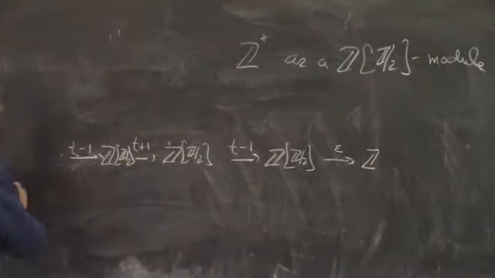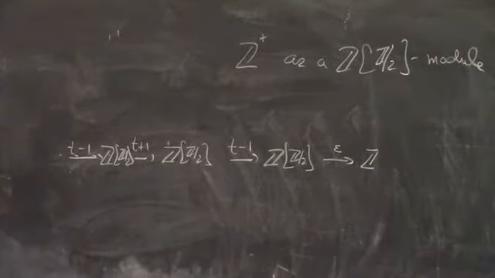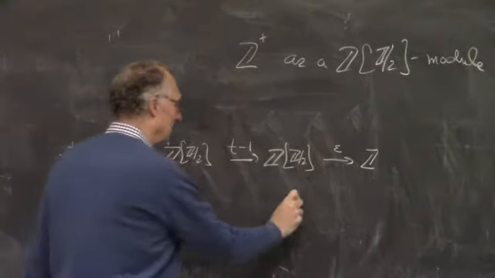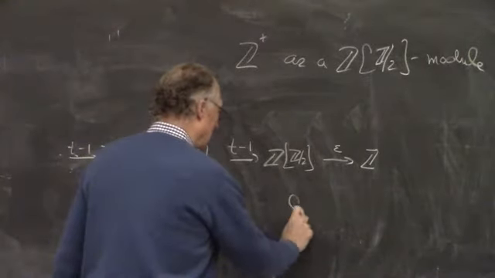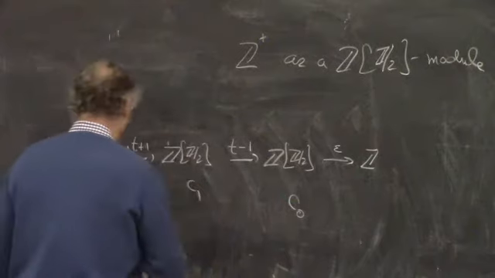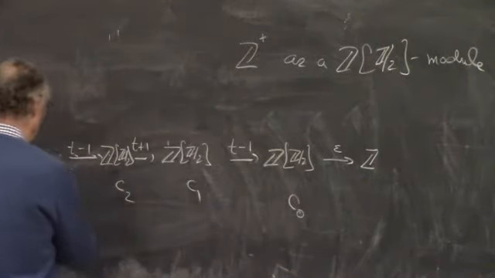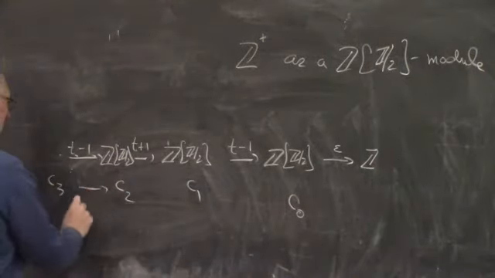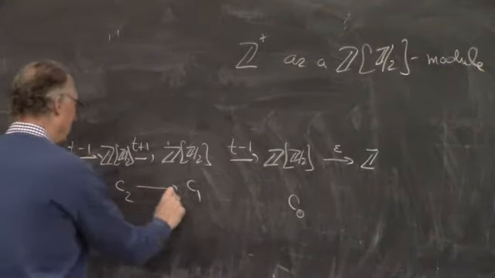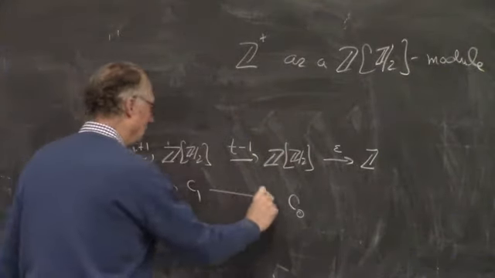Alternating between t minus 1 and t plus 1. So this is the change in degree 0, this is the change in degree 1, this is the change in degree 2, and so on. And this map is 1 minus t, 1 plus t.